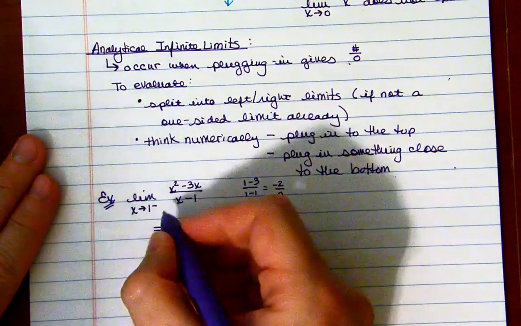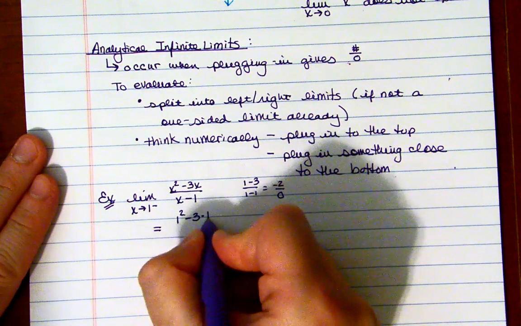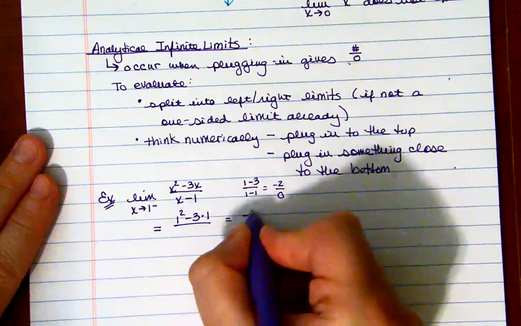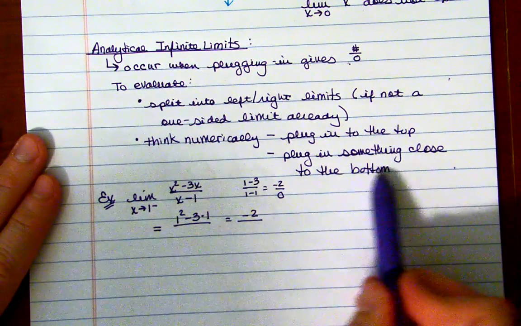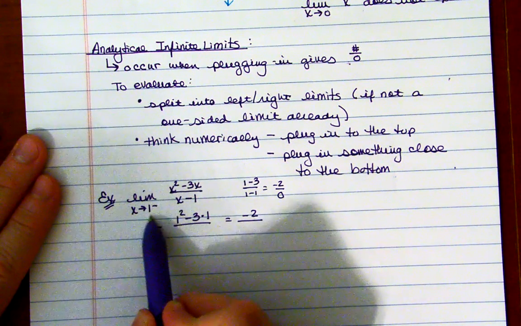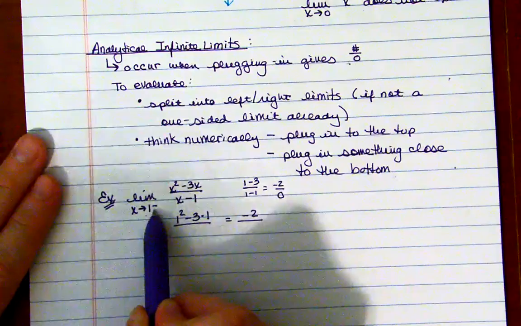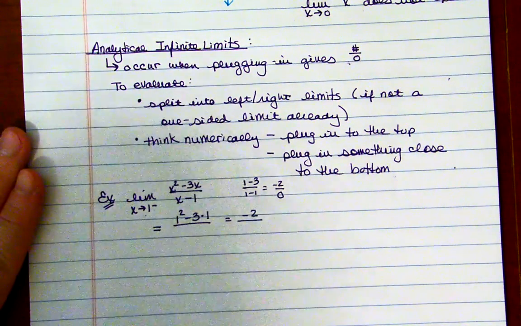What I'm now going to do is plug in 1 exactly as is to the top: 1 squared minus 3 times 1. I already know that that's going to give me negative 2. On the bottom, I'm going to plug in something close to 1, but because of that minus, it should be a little bit less than 1. 0 is way too far away from 1.